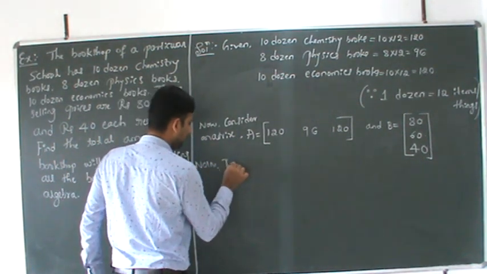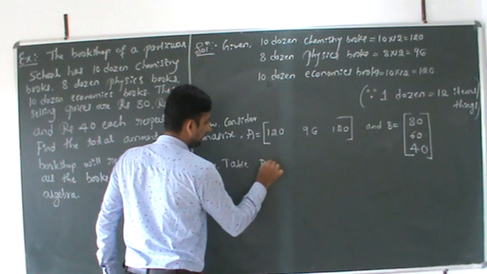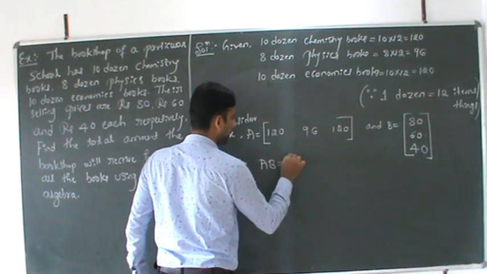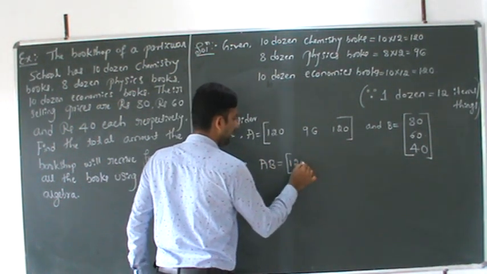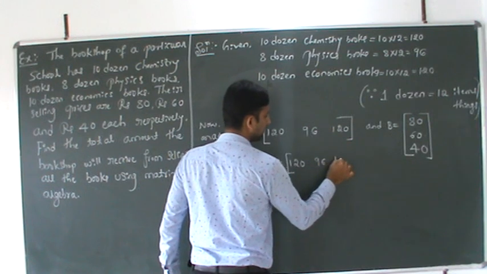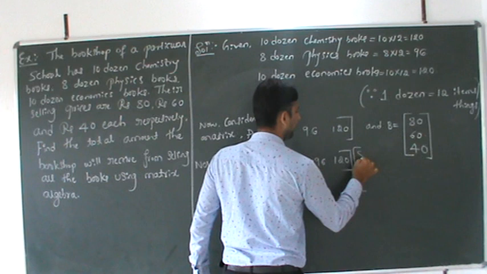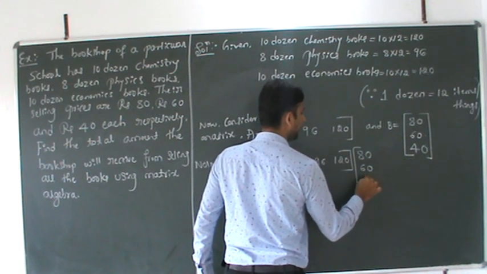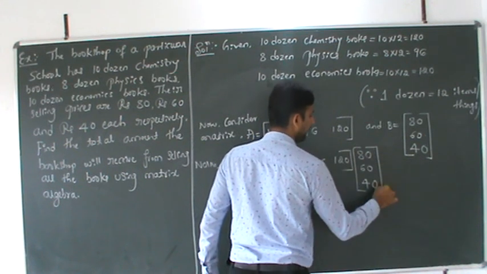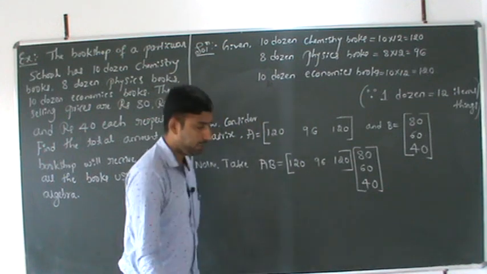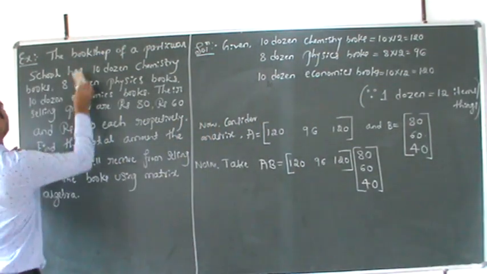Now take matrix AB, which is nothing but 120, 96, 120 into 80, 60, 40.